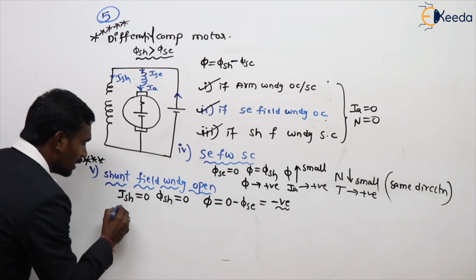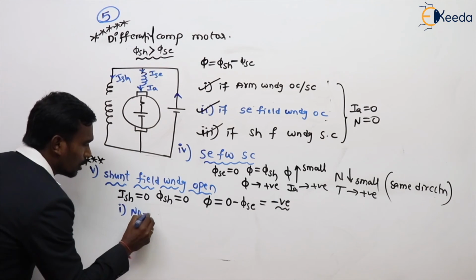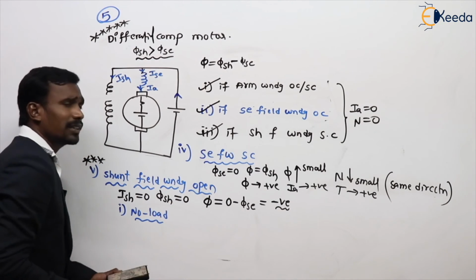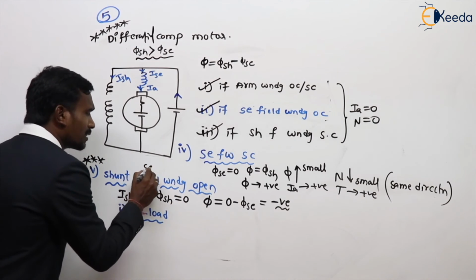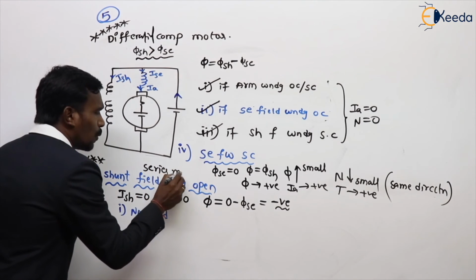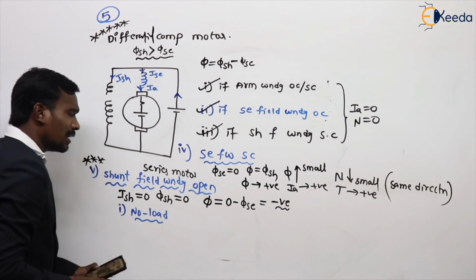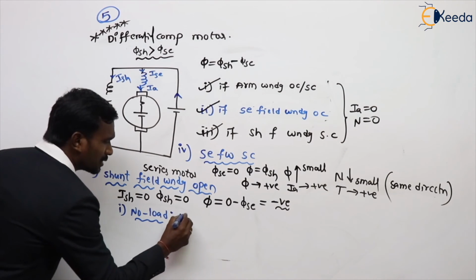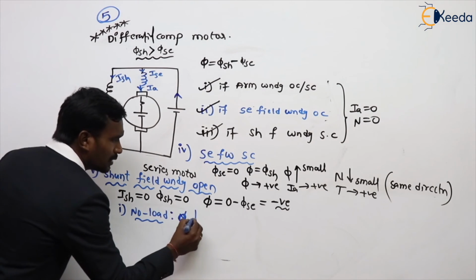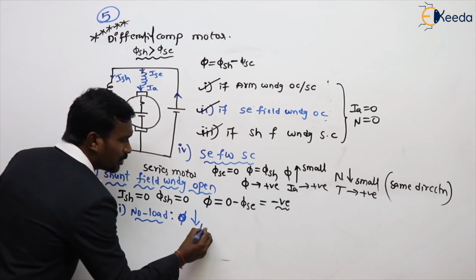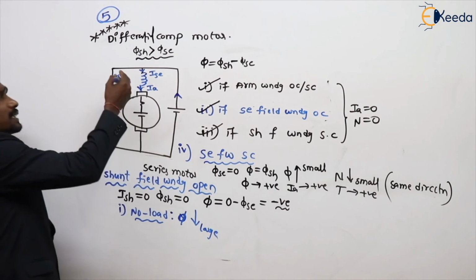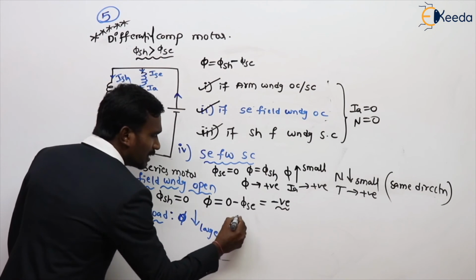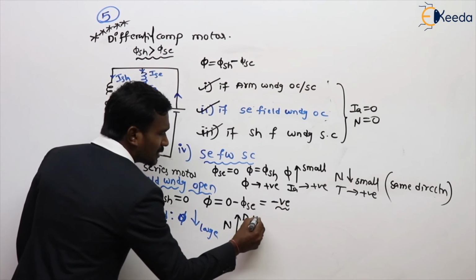And here in the first case, at no load condition, when this is open circuited, the motor acts as a series motor. When this is a series motor at no load condition, what happens here? The flux decrement is to a large extent, yes or no? The maximum value 0. When the flux decrement is to a large extent, then speed is dangerously high.